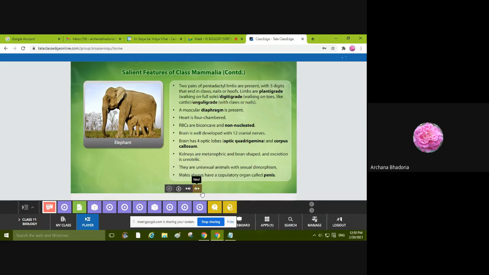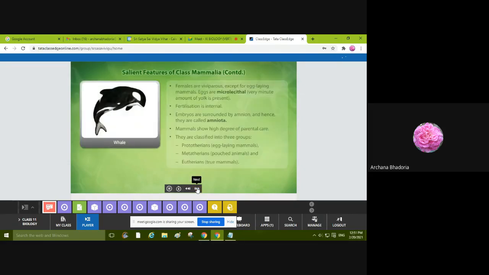So this is an important feature of the mammals, and it helps in distinguishing male and female. That is, it shows sexual dimorphism. And females are viviparous, giving birth to the young ones. Fertilization is internal.